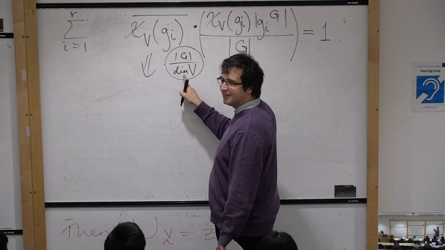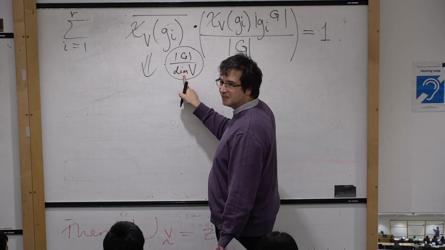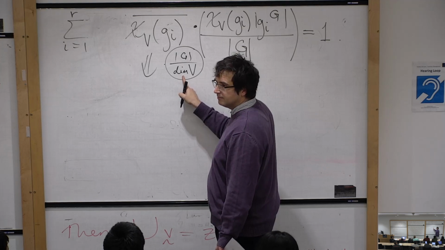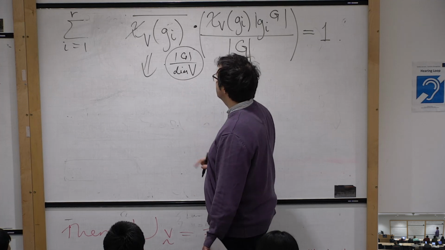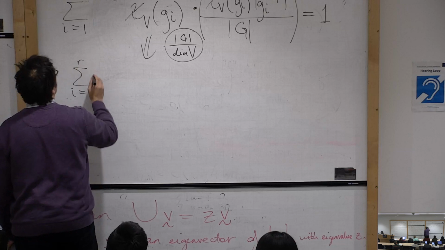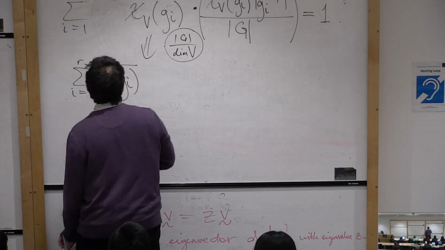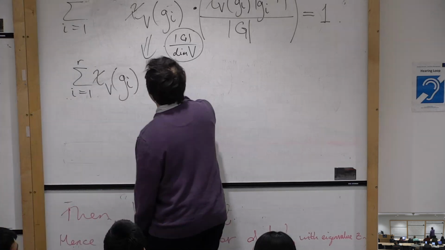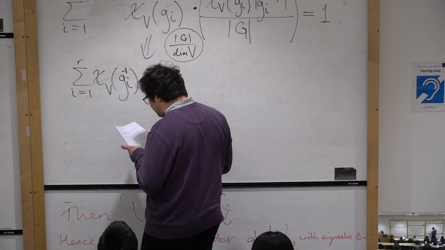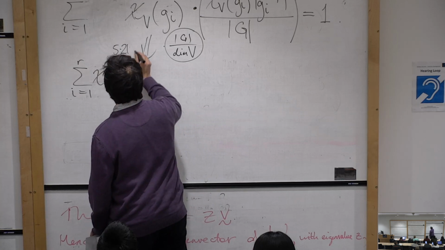That's a rational number, a priori. We want to show this is an integer. So it will suffice to show that this is an algebraic integer. Okay? There is a lemma, I think this one's called 5.2.1a.